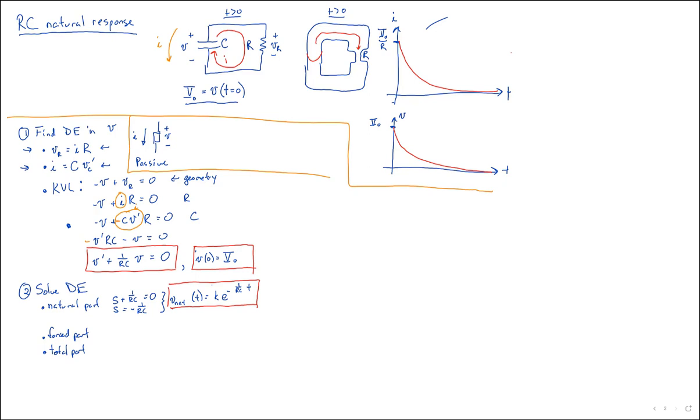But before we find out what K is, we've got to solve for the forced part. And the forced part is a particular solution that yields the right side. Well, if the right side is 0, by inspection, the forced part will be 0.